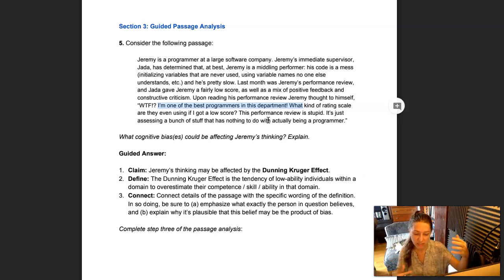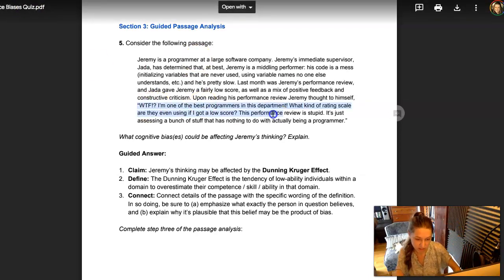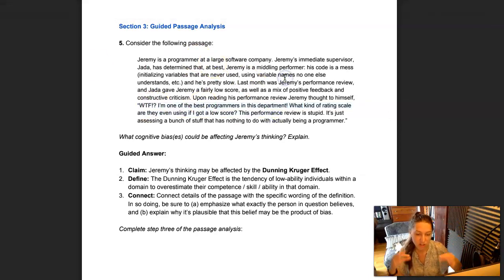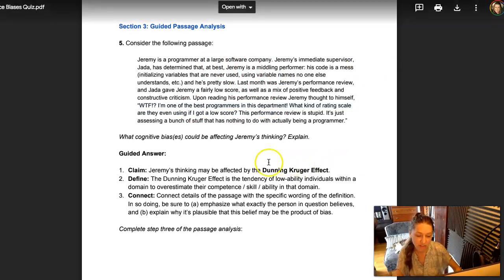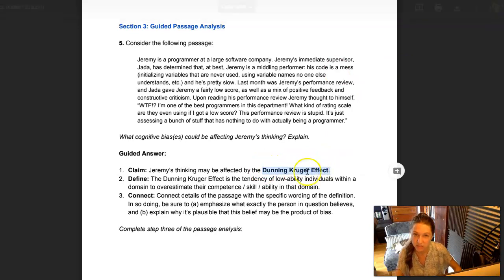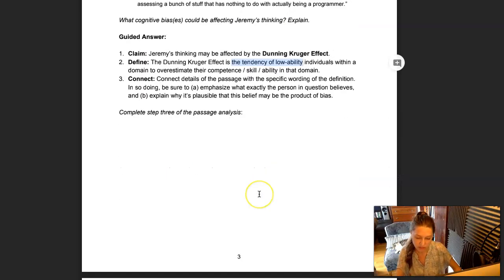One possibility is that he has a low skill level and is unable to accurately assess his own competence, and so is overestimating his competence. And so connecting this part of the passage and this part of the passage to support your claim, you're essentially making an argument here. You're arguing that this could be a case of Dunning-Kruger effect, and you have to connect the details from the passage to the most important parts of the definition of Dunning-Kruger effect.